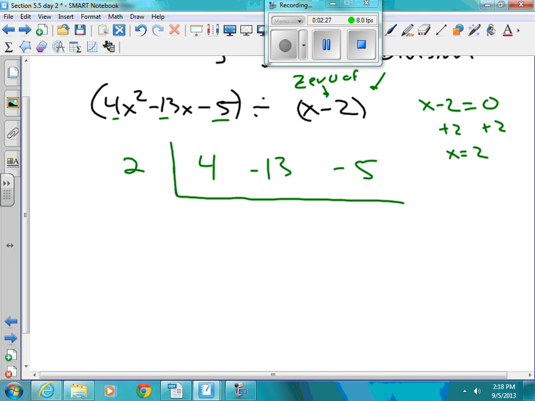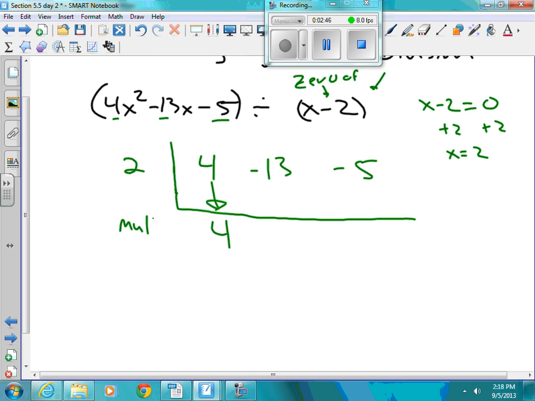So now we do it just like we did before. I wrote those numbers big to give us a little more room, and I'm going to extend the box down a little bit farther. We start synthetic division just like synthetic substitution. We bring the 4 down. It's the same process. We multiply 4 times 2, which is 8.